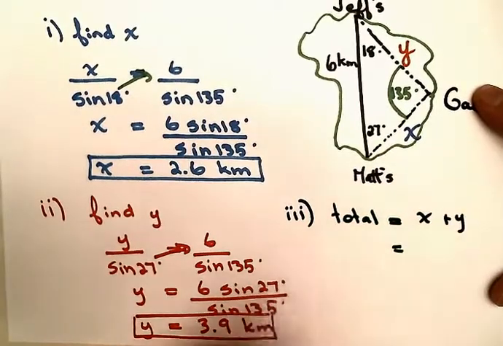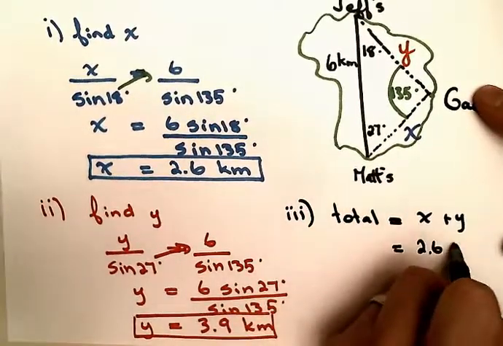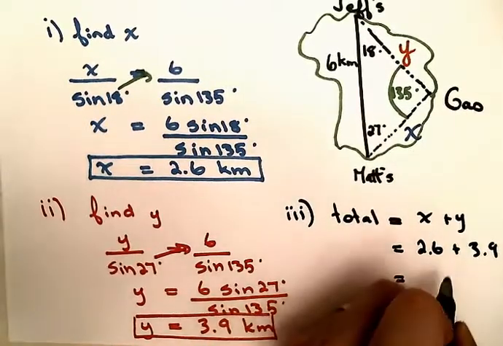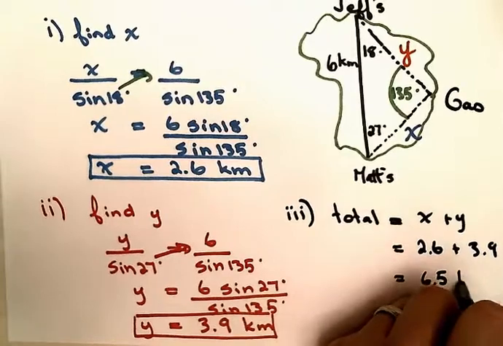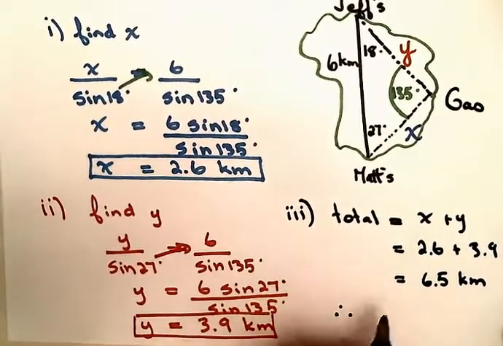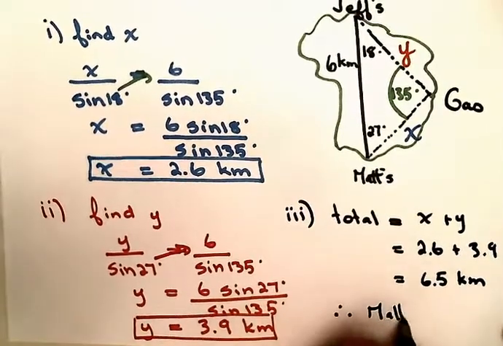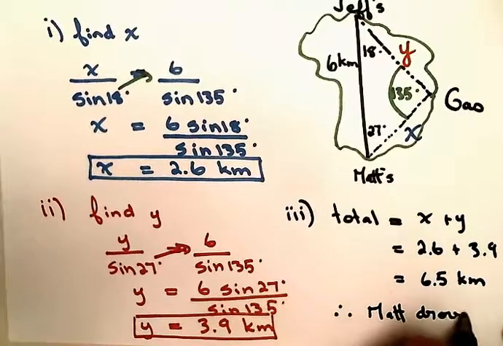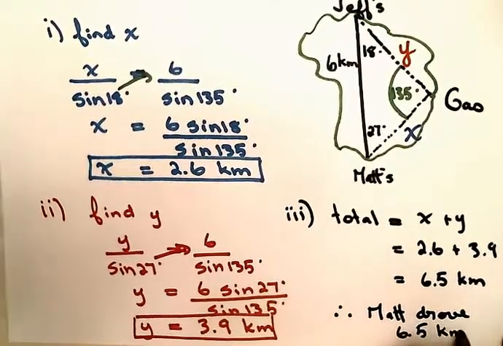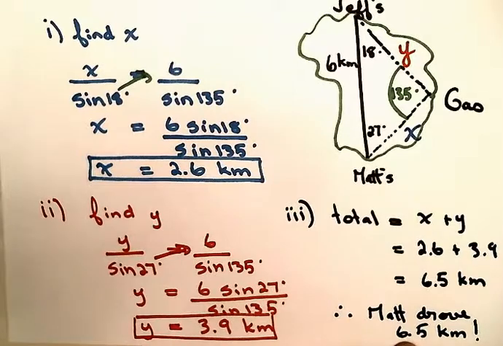So it's the 2.6 plus 3.9, and then you end up with 6.5 kilometers. So you can answer the question now. Matt drove 6.5 kilometers. So a little bit of a detour, only an extra half kilometer worth of driving.